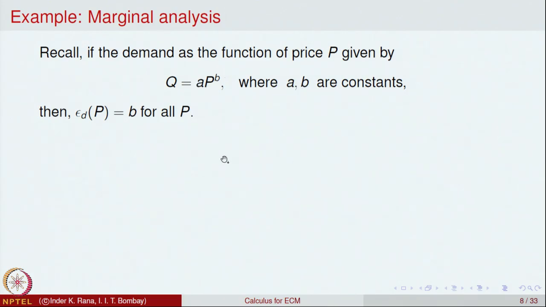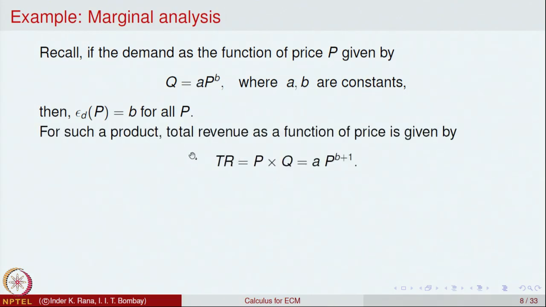Now let us calculate the total revenue for such a product, where the demand is related with price this way. Total revenue is defined as the price into the quantity, P into Q, the demand.